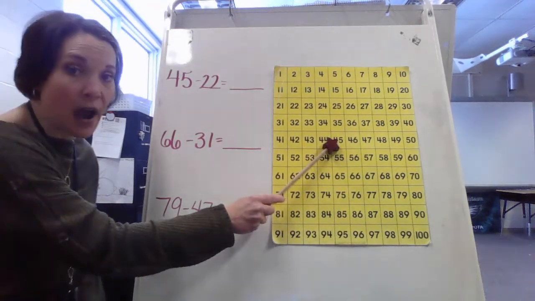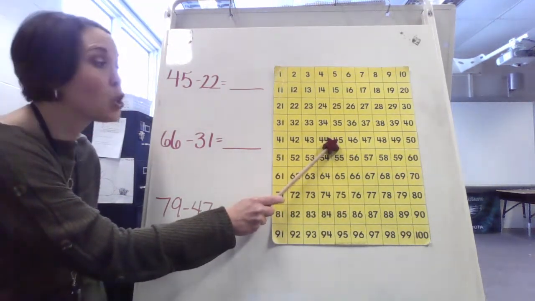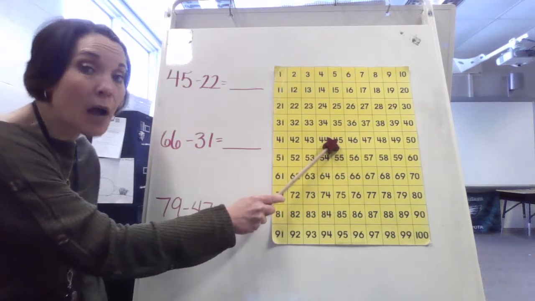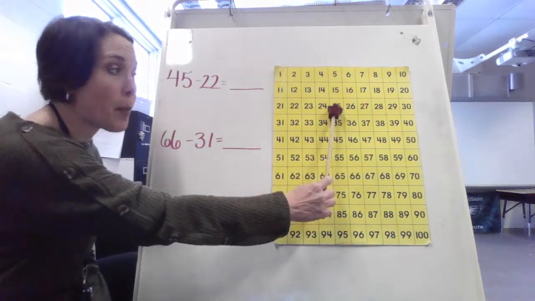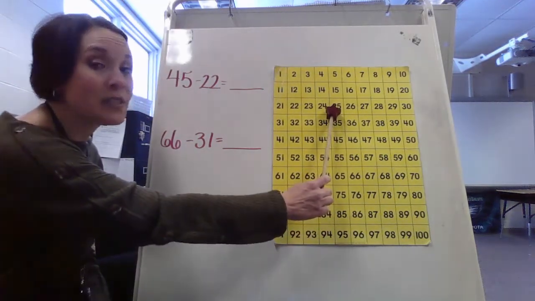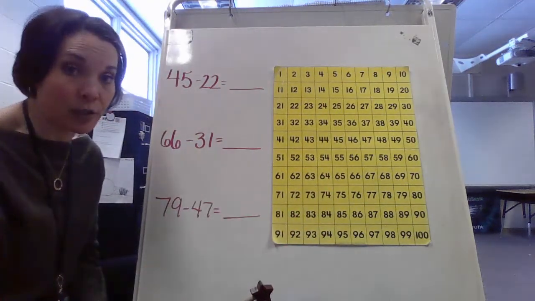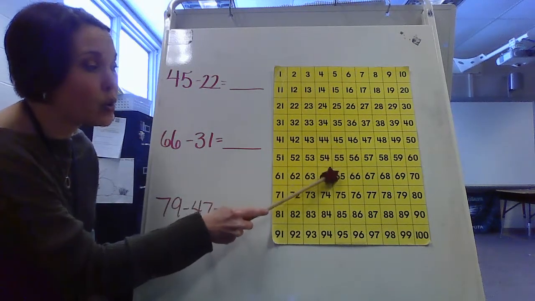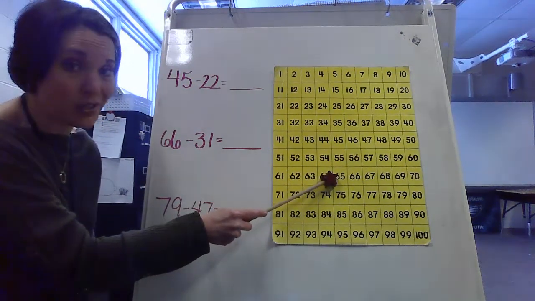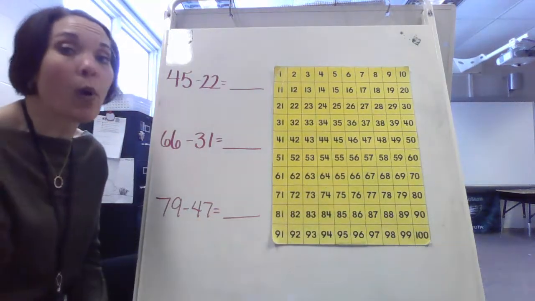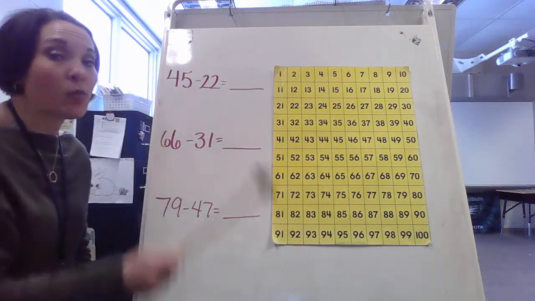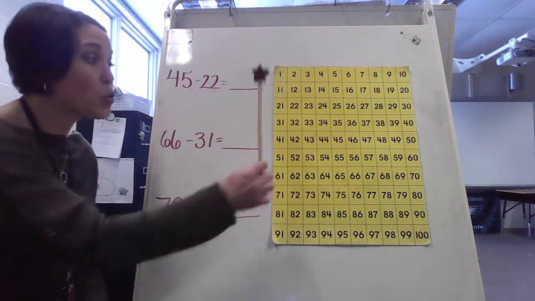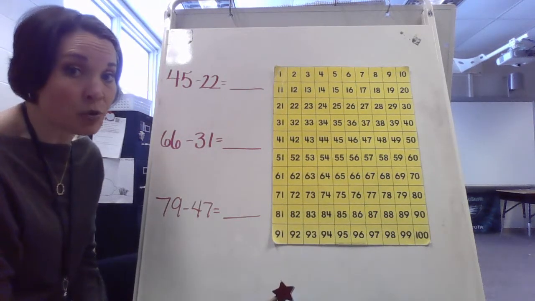If I'm at 45 and I want to take away 22, the best option is to go up, because notice how my numbers are decreasing as you go up on the hundreds chart. If I were going down 22, notice how my numbers are increasing. That means they're getting bigger, so I don't want to do that. I want to go ahead with my subtraction.